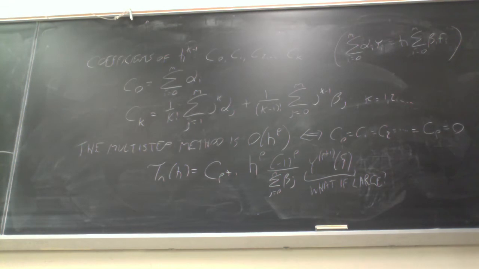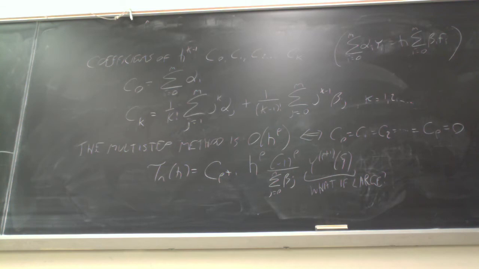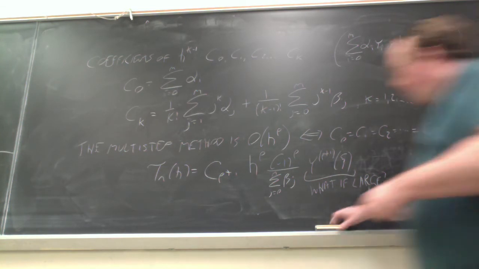Okay, so that's the consistency story on multi-step methods. There's a way to figure out from the given formula and a lot of Taylor expansion what the error during a single time step looks like.